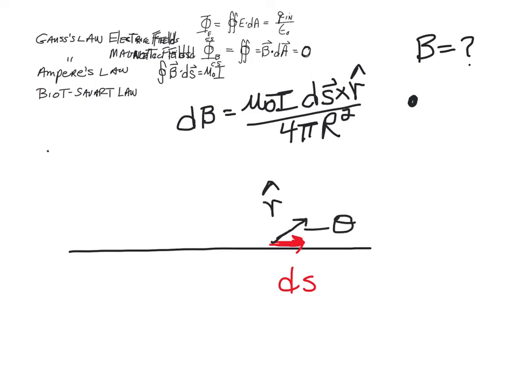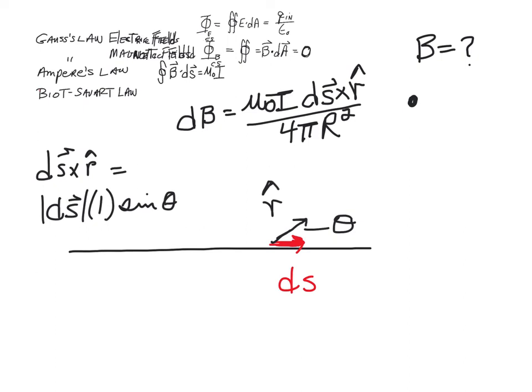And so remember, ds cross r hat, unit vector r, is the magnitude of ds times the magnitude of r hat. Well, it's a unit vector, so it has a magnitude of 1, times the sine of the angle.